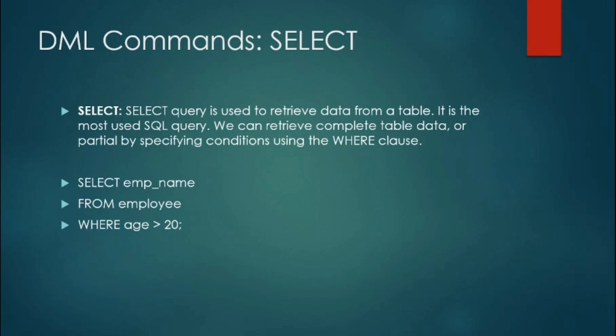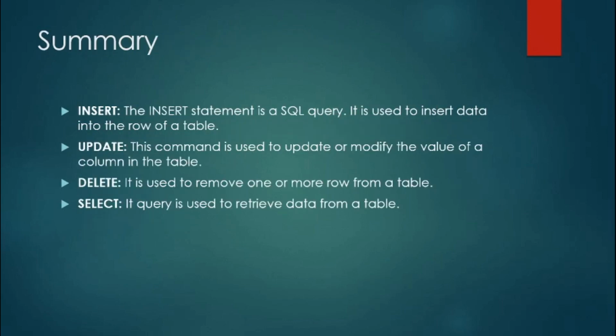But if you want to fetch particular columns, you have to mention them in the query that you are running. For example, here we want to fetch only the employee name from the table employee where age is greater than 20. It will fetch the employee name of only those employees whose age is greater than 20.